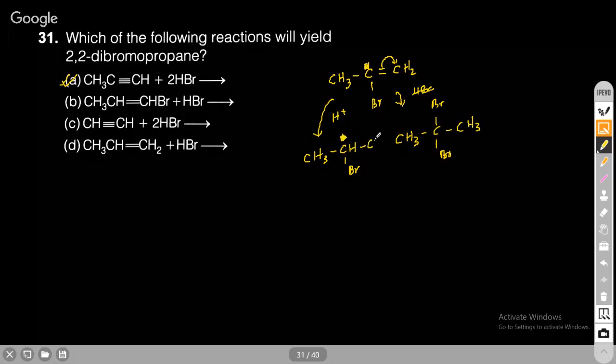Here we have CH2 plus. Like this, you will get the product. Then hydride shift will be there. You'll get 3-degree carbocation and again HBr attacks this. Next question we'll see.